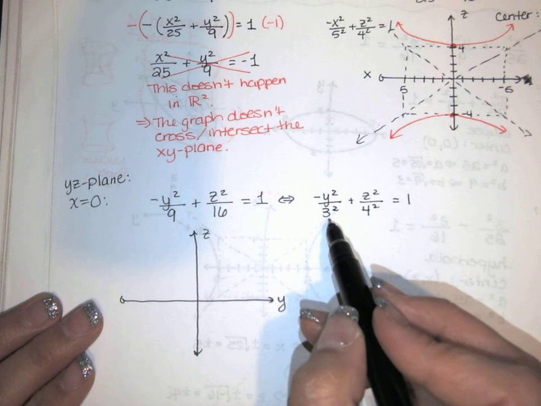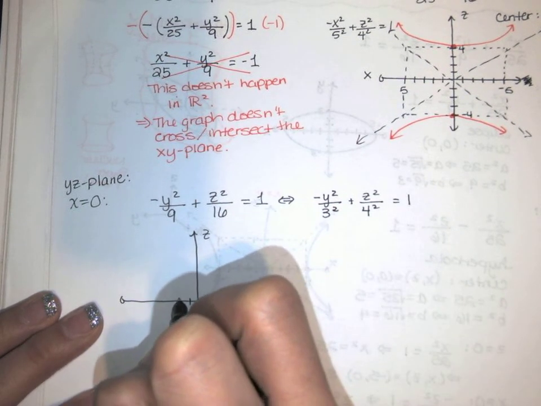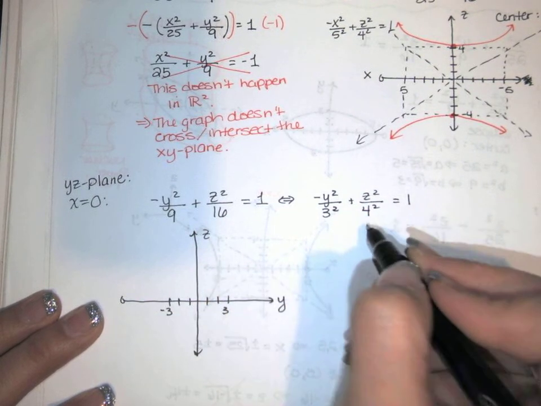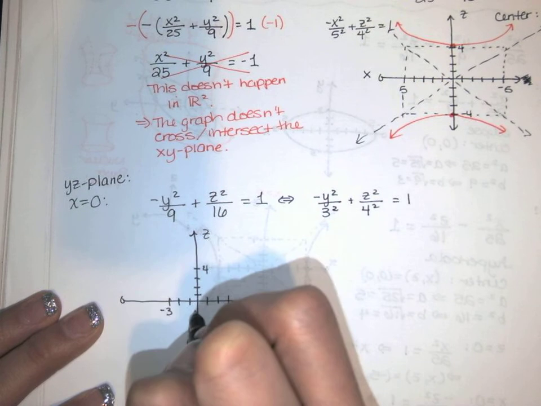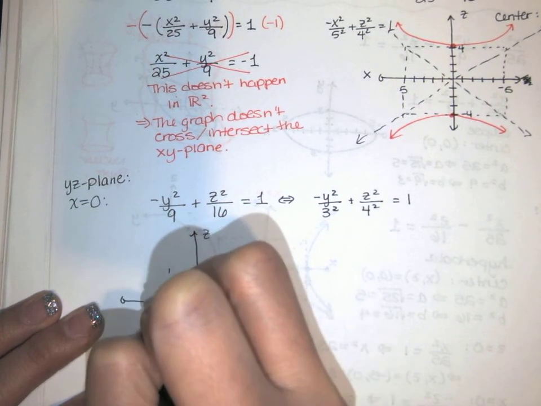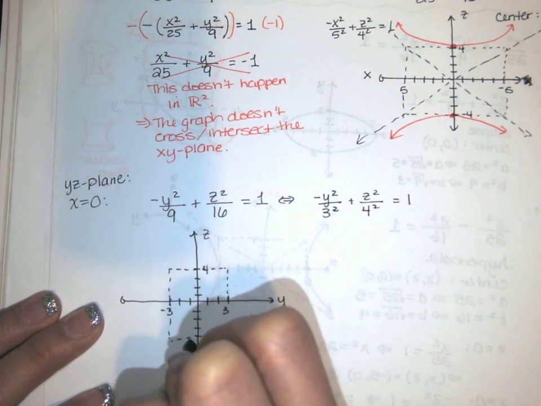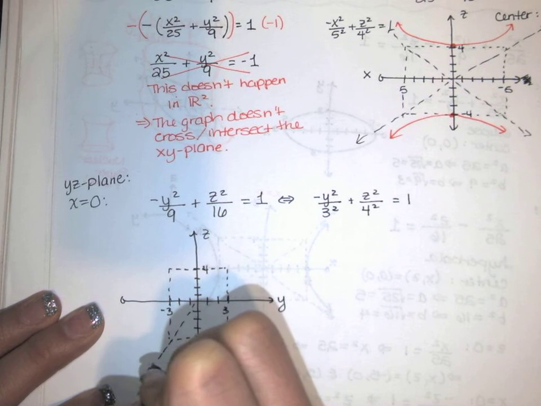So we're going to go plus and minus 3 units in the y direction. We're going to go plus and minus 4 units in the z direction. You're always starting from the center, but in these examples our center is 0, 0. And then because it's a hyperbola, we draw our little box, little rectangle, and then draw diagonals through the box.